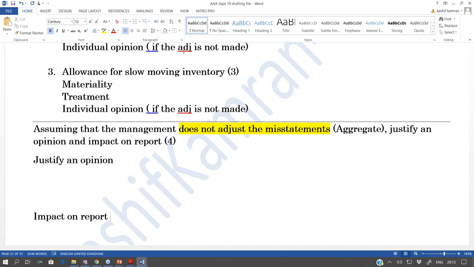When the examiner says impact on report, we are concerned about opinion, the format, and the type of report. But has the examiner given us opinion separately, justify an opinion and impact on report? So when I am writing the impact on report, will I be mentioning the opinion in this question?